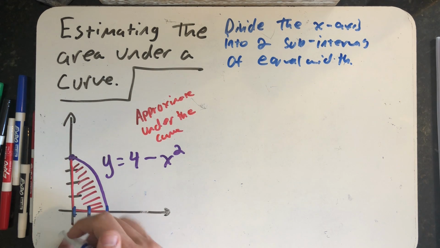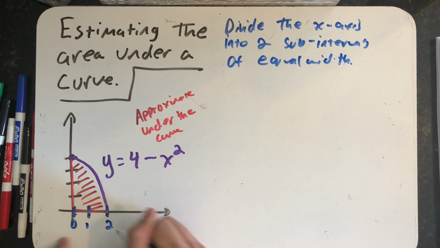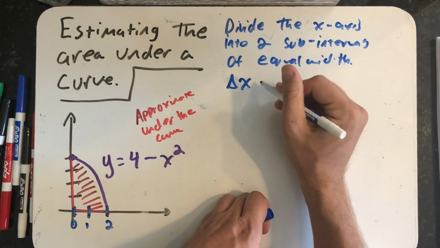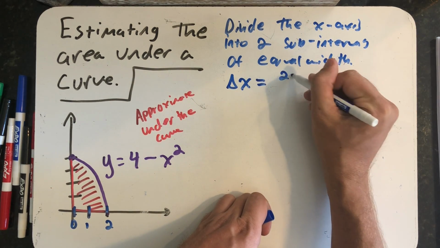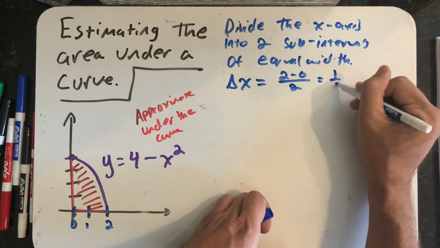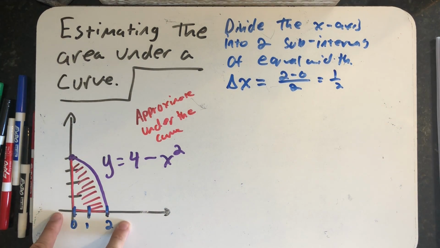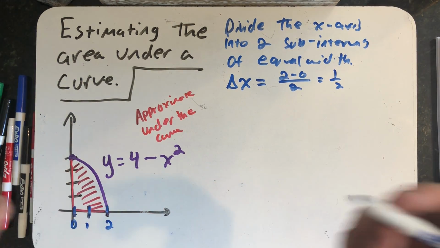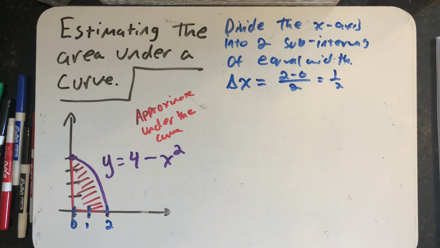Well, I can see that that means each interval will be 1 unit long, right? Because I have a total length of 2, so if I divide that into 2 equal parts, each one's 1. And for that width, we typically refer to that as delta x. I could always think about calculating delta x as subtracting my endpoints and dividing by the number of subintervals I want. All right, so that's how wide each subinterval is.